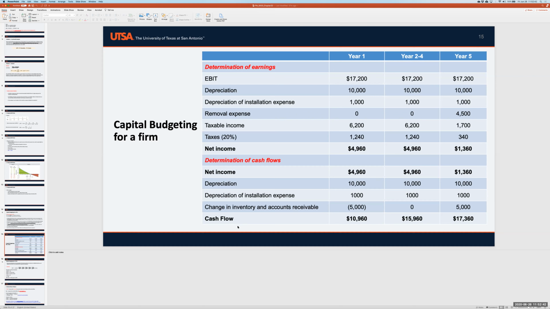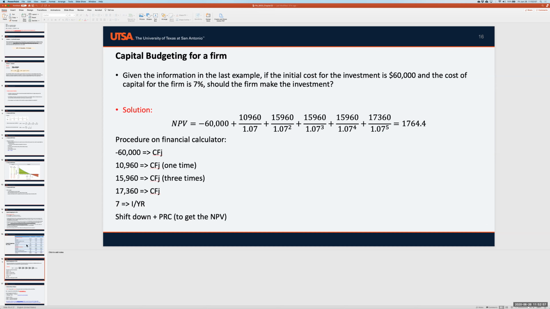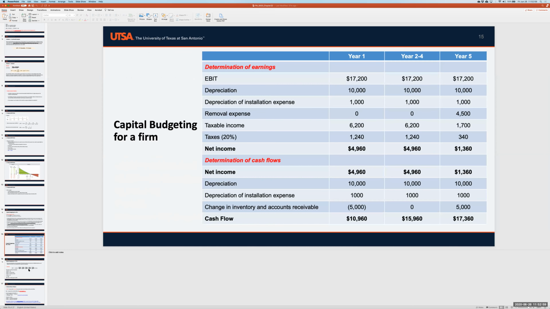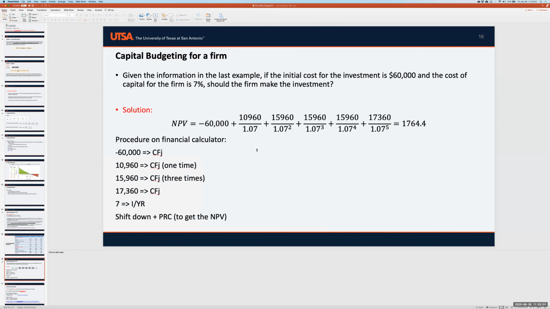This is just a simple cash flow calculation. For the second, third, and fourth year, you will find around 15 or 16,000, and for the 5th year, 17,360. After you find the cash flow for each year, next step, you discount cash flows by using the cost of capital.